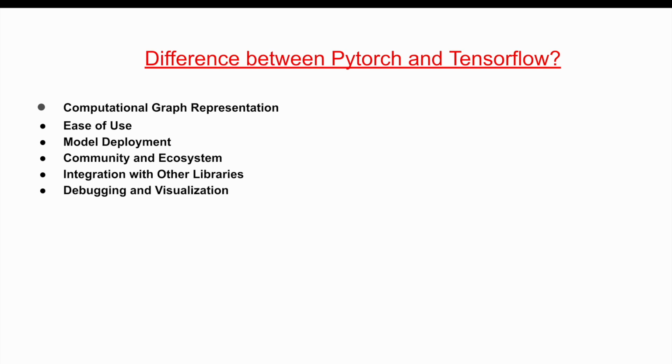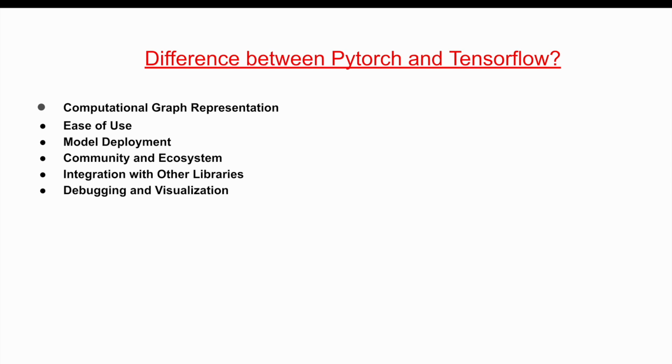PyTorch, on the other hand, utilizes a dynamic computational graph where the graph is built dynamically as operations are executed. This flexibility allows for easier debugging and also for more intuitive model development.